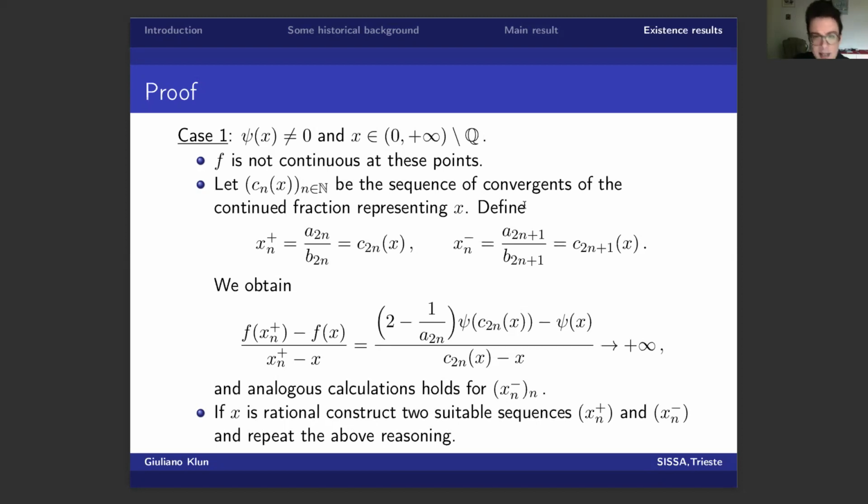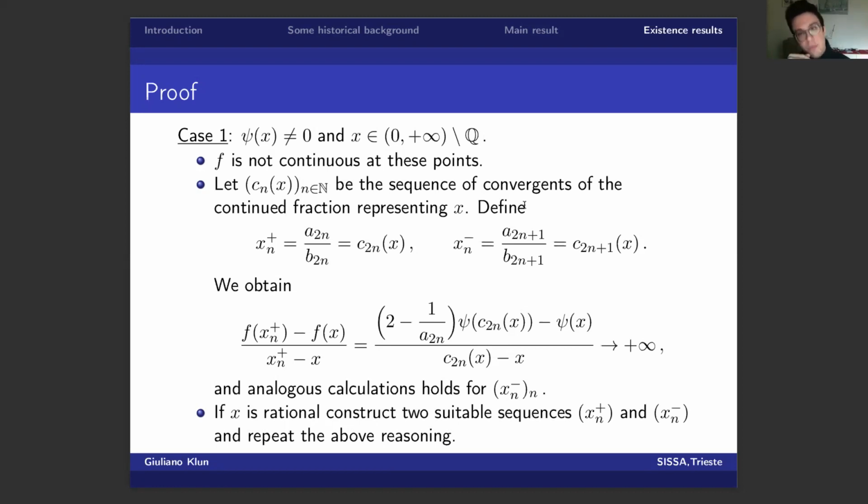But more interestingly, for quadratic irrationals, the representation in continued fraction is periodic, and we can construct the sequence of convergents of the continued fraction associated to an irrational number, but also to a rational number, but in this case, at some point, the sequence of convergents halts.